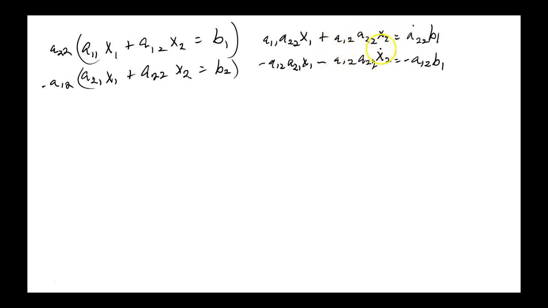Now, here's what you accomplish by doing that. Notice these two terms are identically the same but opposite sign. They add to be zero. That's why I call it elimination by addition. So that gives us, I'm going to skip maybe a little step here.